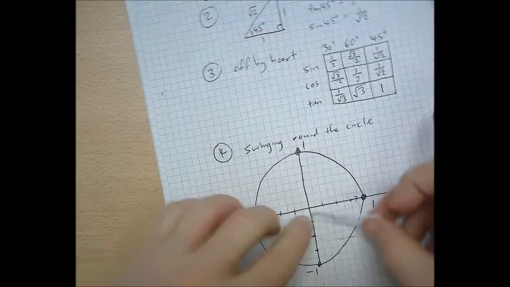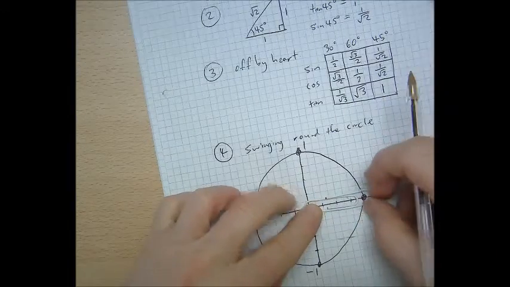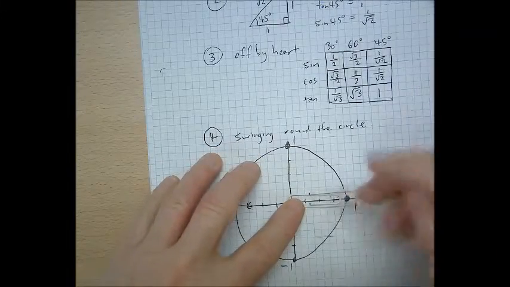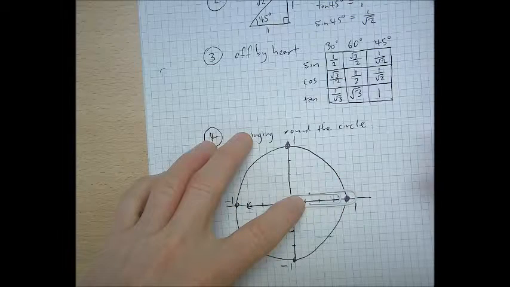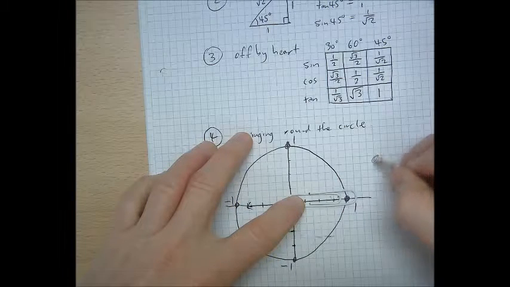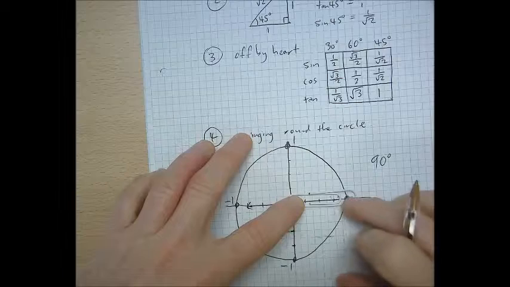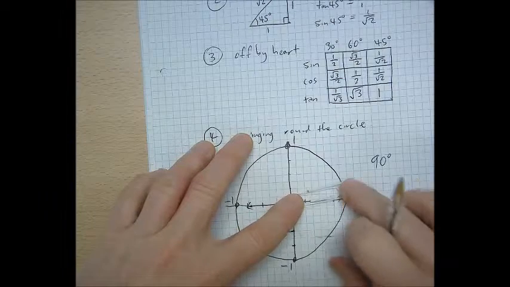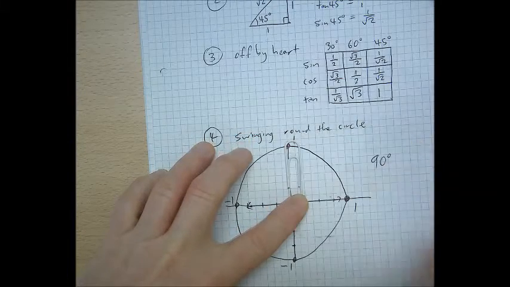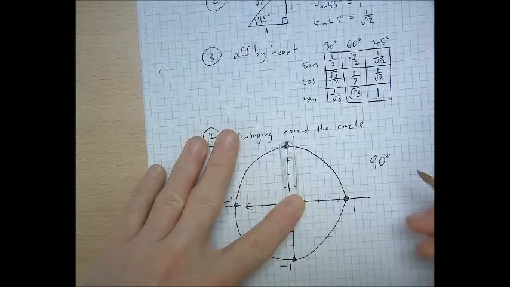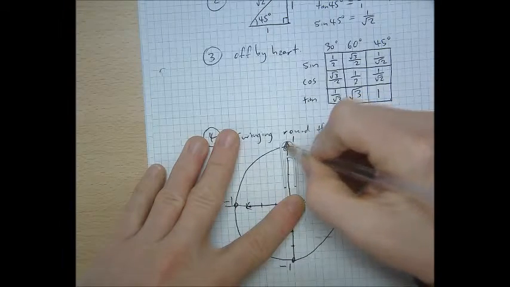You always start imagining that you had a little paperclip there. And when I say the angle, so if I say 90, you swing that many degrees anti-clockwise. So you start there and you swing that much, and you imagine putting a great big fat dot exactly where you land. So that's why I'm putting a fat dot there.